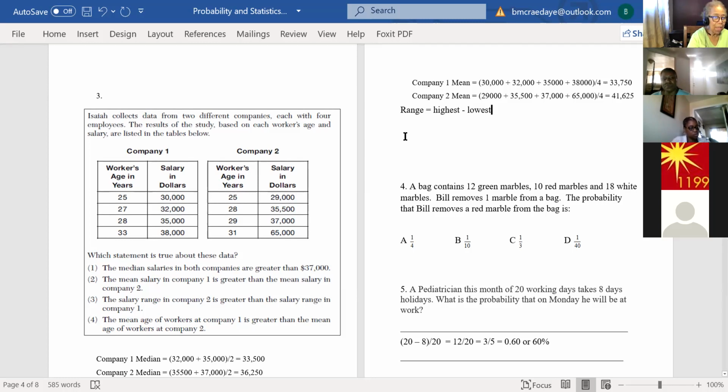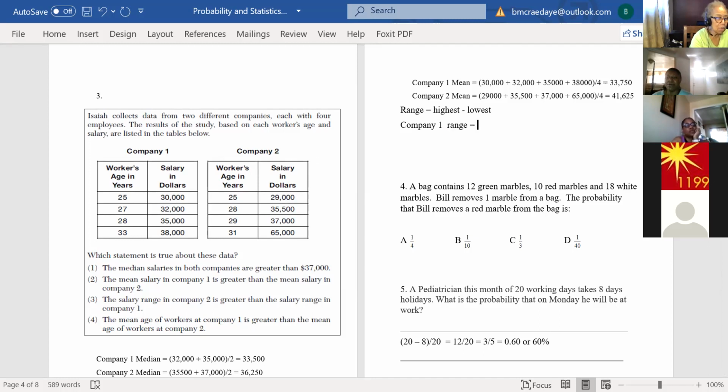So the salary range, let's look at company 1. What would be the range, Michelle? Okay, so the range would be equal to, what's the highest salary in company 1?